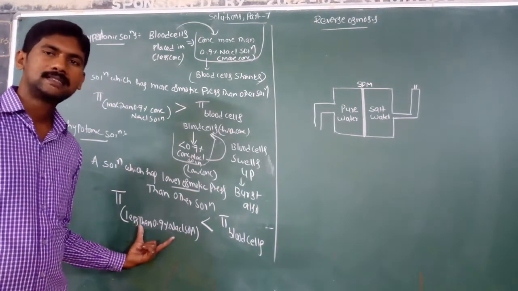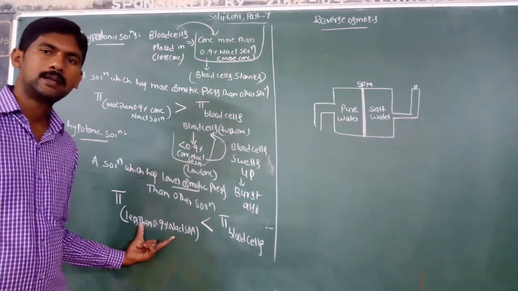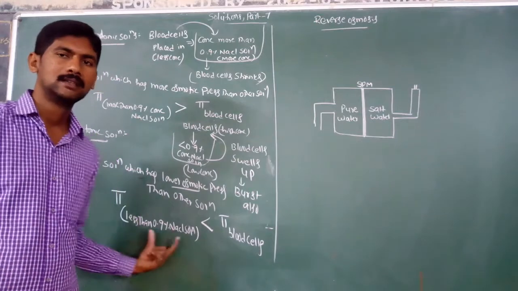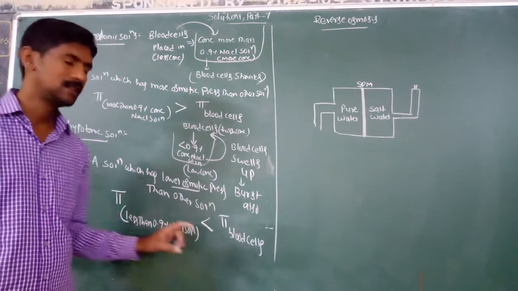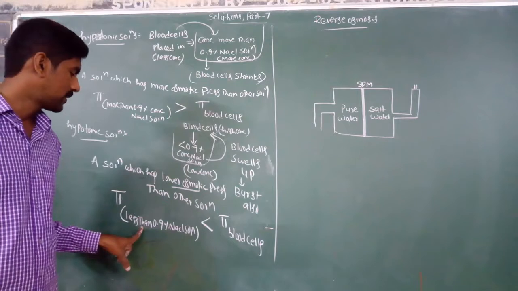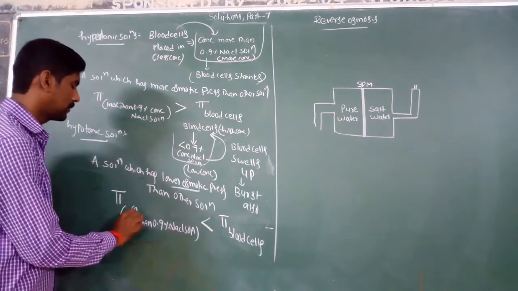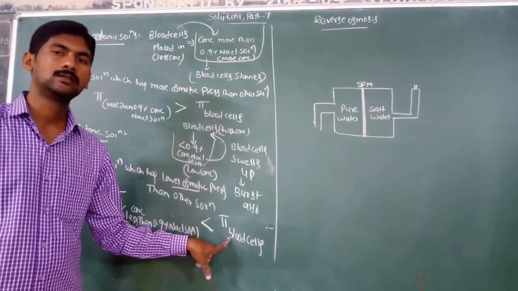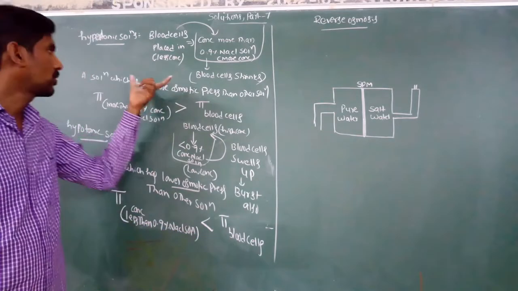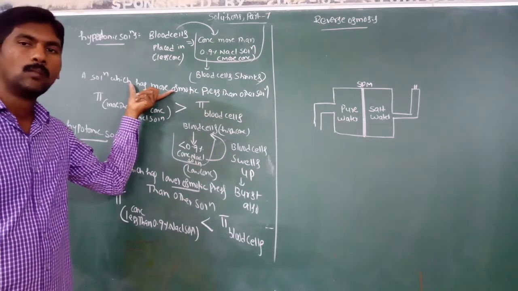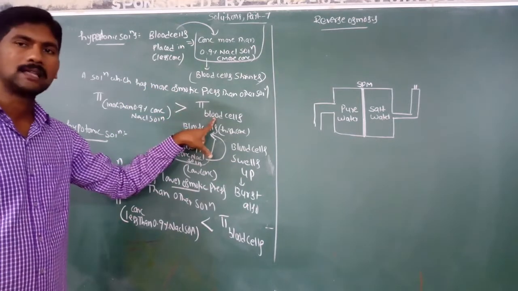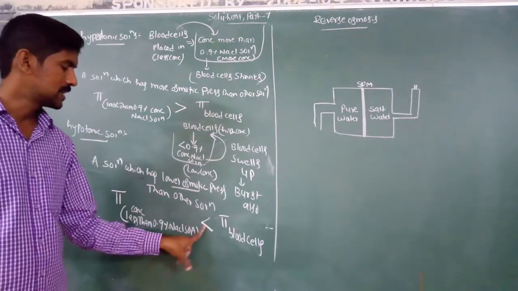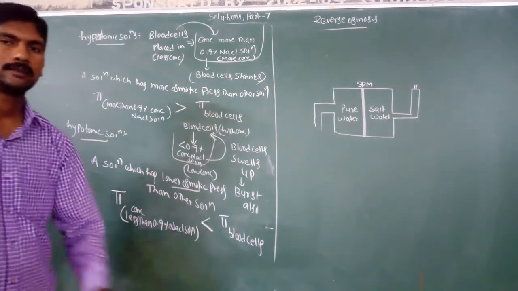If concentration is less than 0.9% sodium chloride solution, it is hypotonic to blood cells. So this is hypertonic solution, a solution which has more osmotic pressure than other solution. Hypotonic solution, a solution which has less osmotic pressure than other solution.